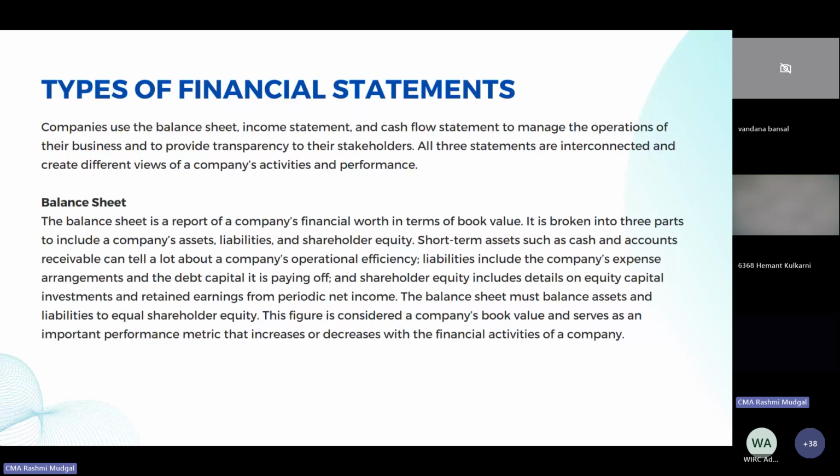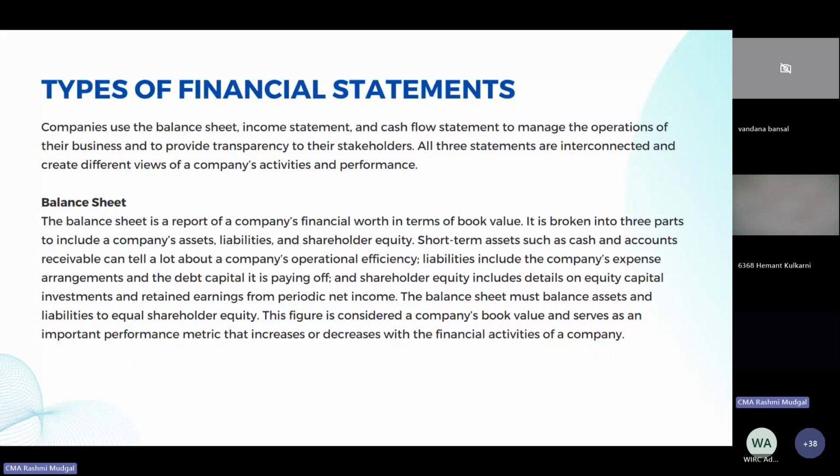Liabilities include the company's expenses and arrangements, and the debt capital it is paying off. Shareholders' equity includes detail on the equity capital investment and retained earnings from the periodic net income.